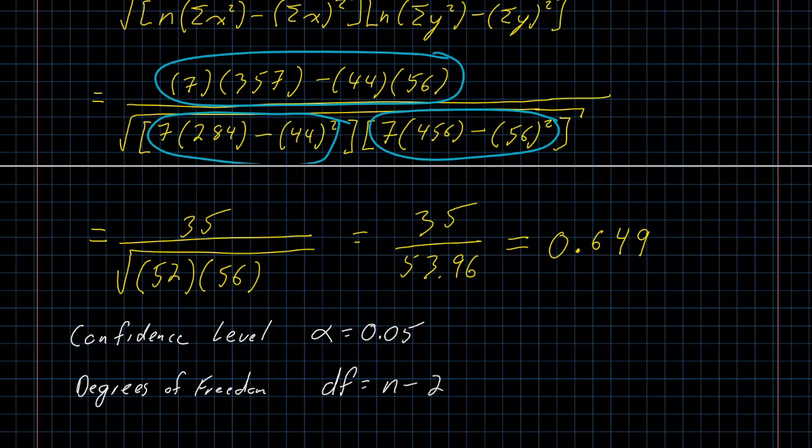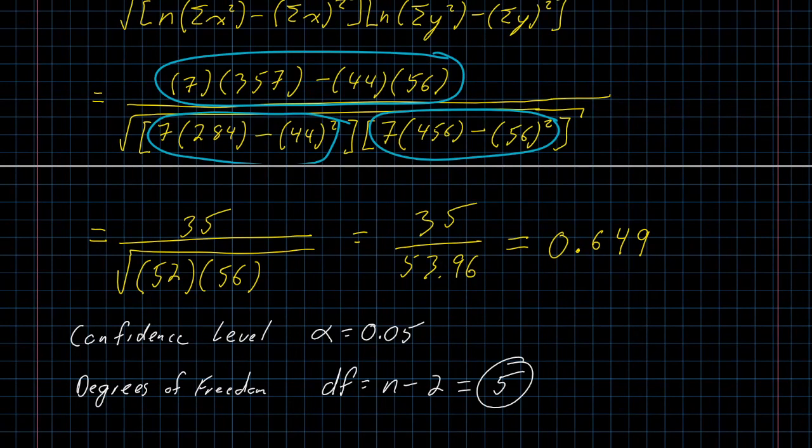It turns out that for 2-parameter data and the R-test, you can find the degrees of freedom by taking n minus 2. In this case, n was 7, so n minus 2 is 5. And those are the values that we need to look up on our table.